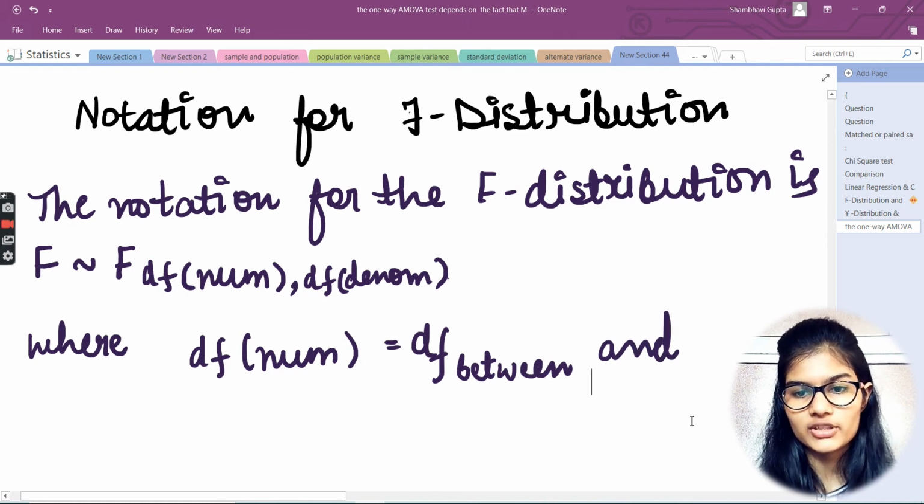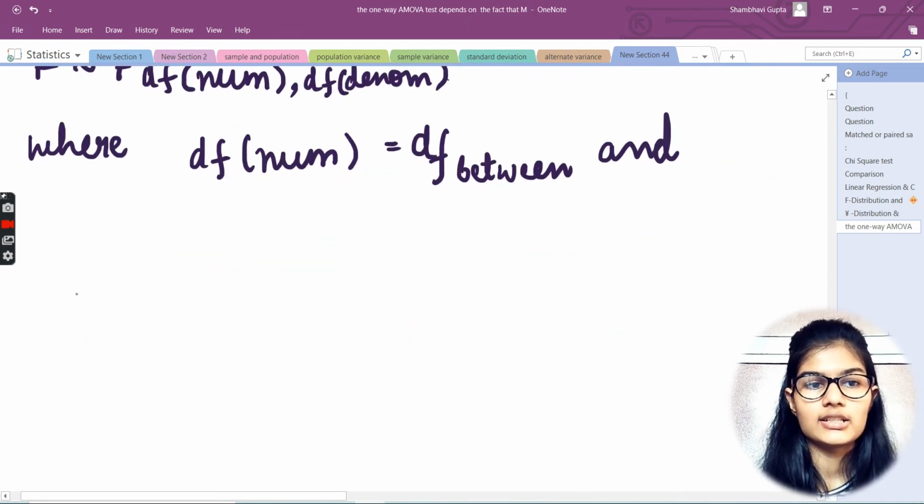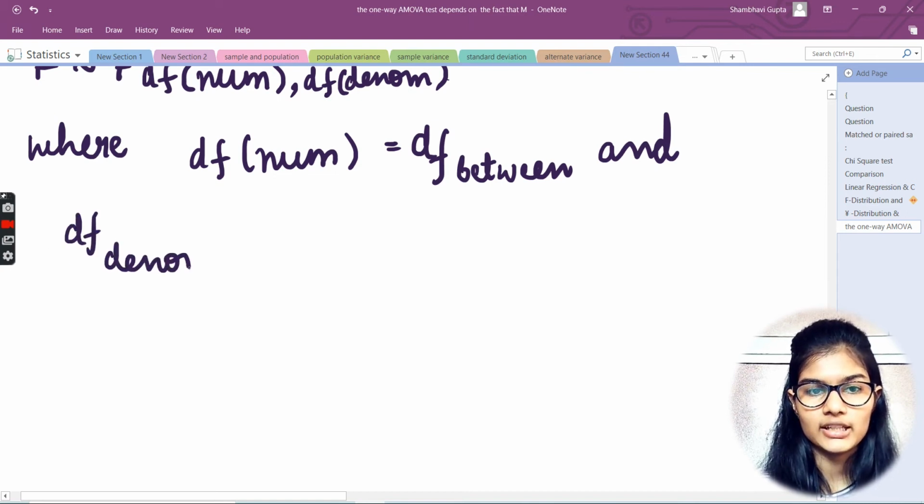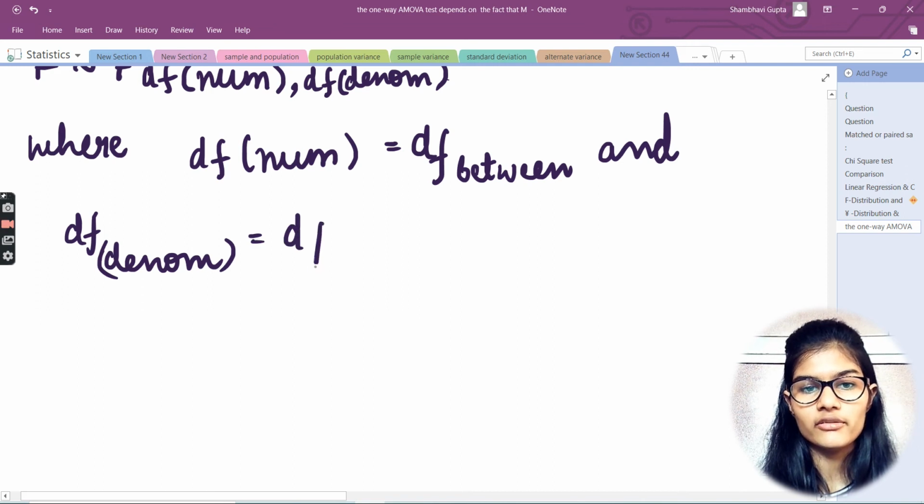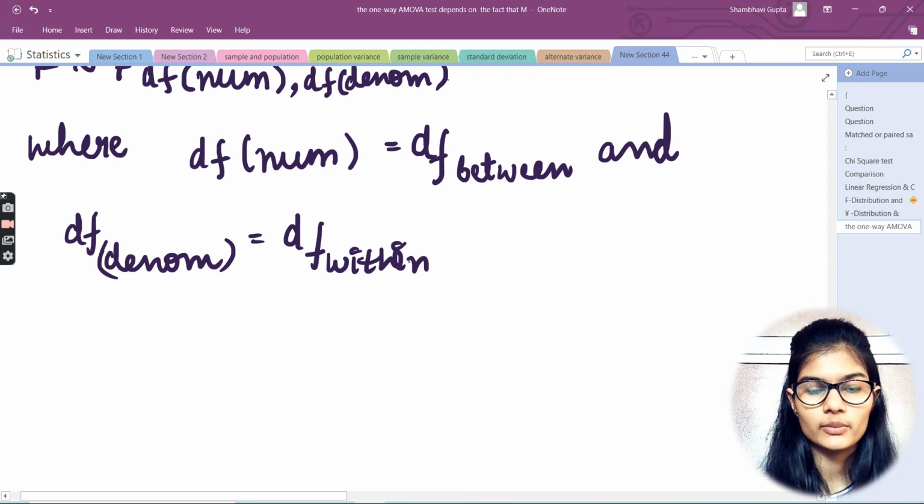The degree of freedom denominator, df denom, is equal to df within. Remember we dealt with between and within both, right? So in that similar case, df num is equal to df between, and df denom is equal to df within.